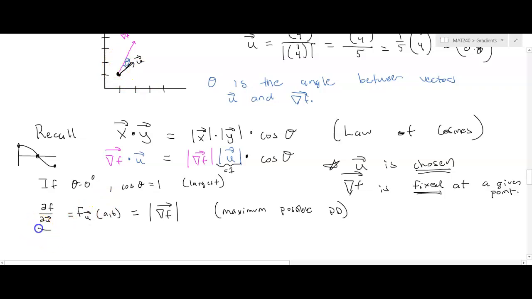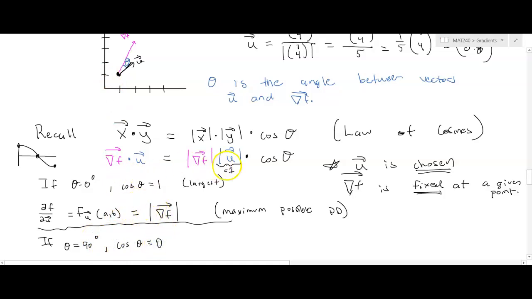Now, if on the other hand theta is equal to 90 degrees, in other words, if we travel perpendicular to the gradient vector, either here or there, there's a 90 degree angle, then what we do know is that cosine of theta is equal to 0.